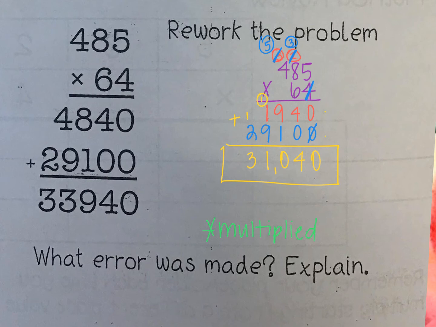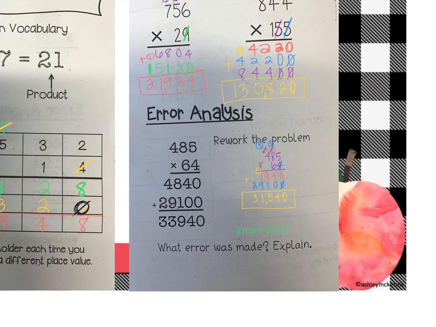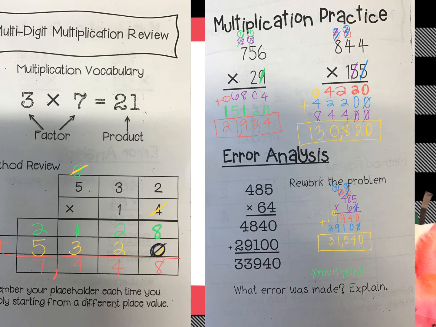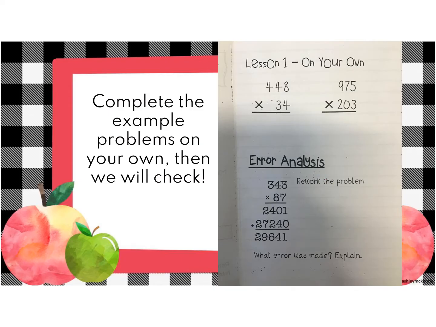We'll see. Okay, once you have that copied down, there is a practice page right next to this multiplication practice set that we did together, and it says on your own. So you guys are going to do this one on your own.